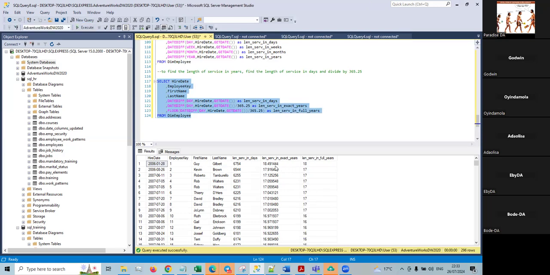So this is giving us the length of service back to where we were anyway. The reason is, with floor, anything that is not a whole number, that doesn't add up to 1, is stripped down.